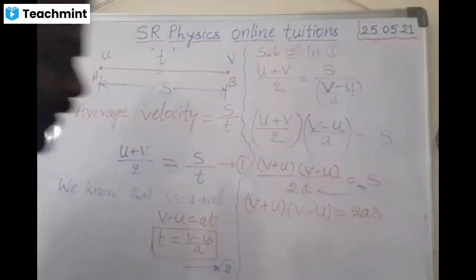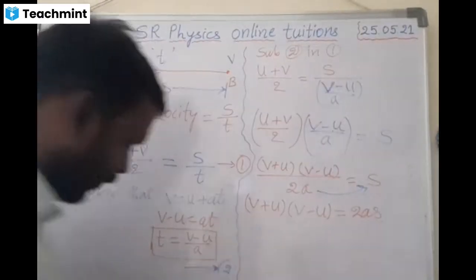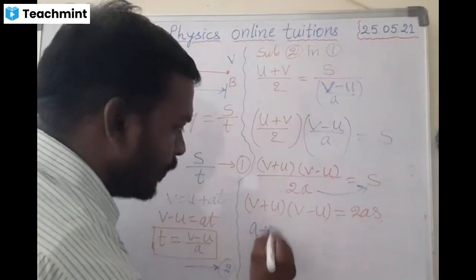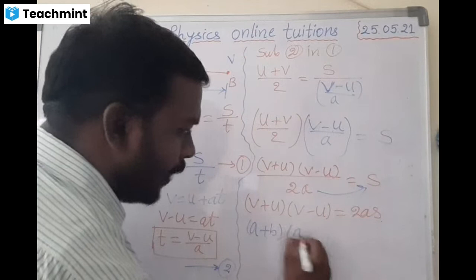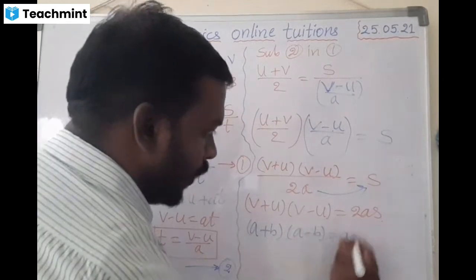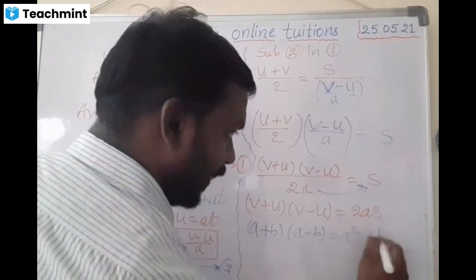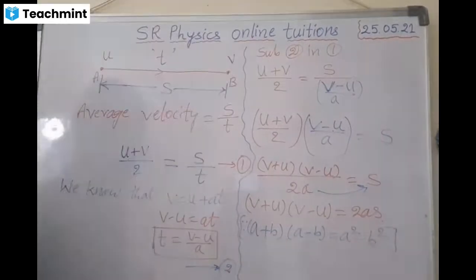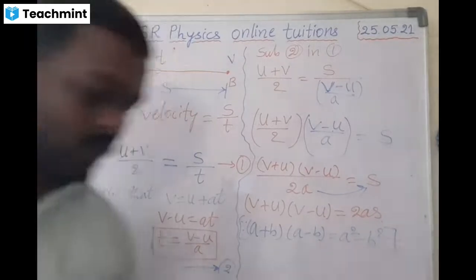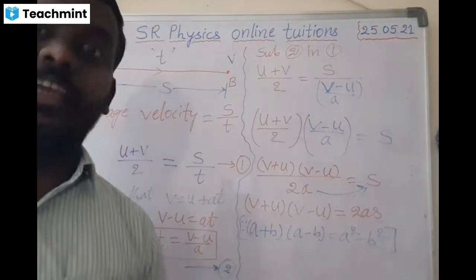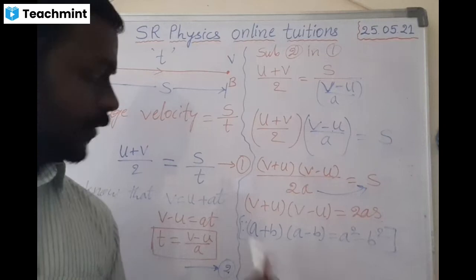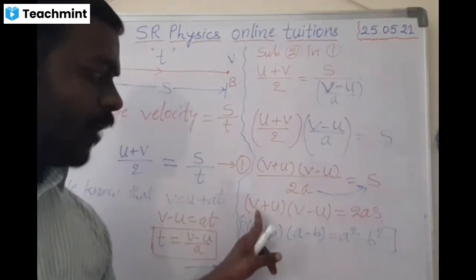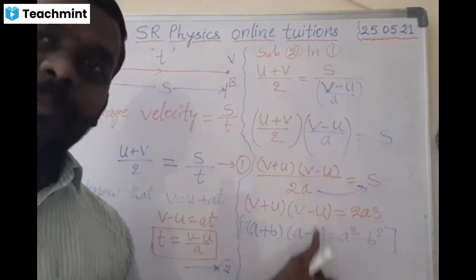If you observe this, it is in the form of one formula in mathematics: a plus b into a minus b is equals to a square minus b square. This is the mathematical formula which is used in solving equations, for simplification purposes.